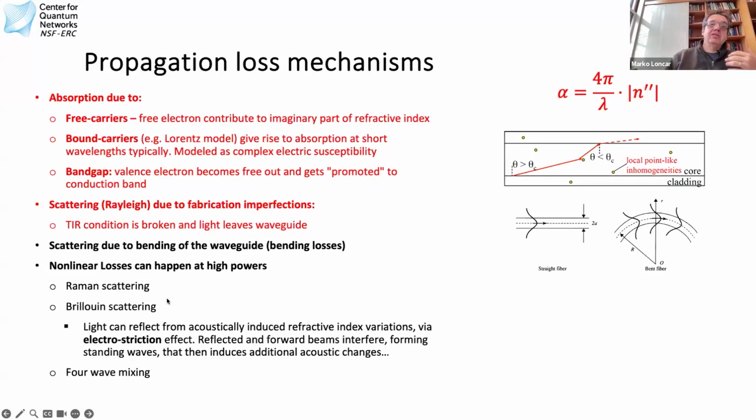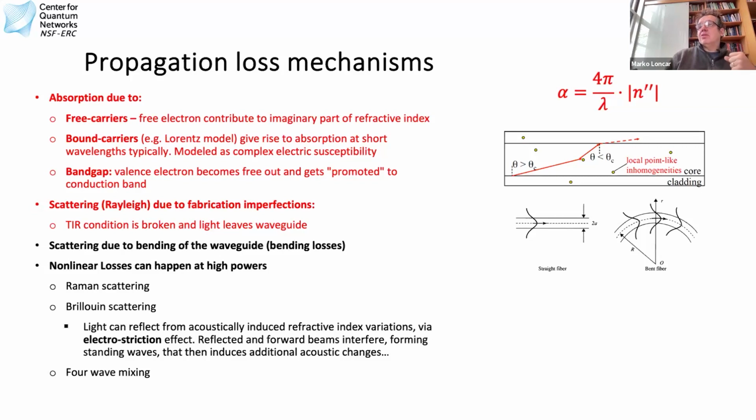And this is actually one of the biggest loss mechanisms in waveguides. And then one thing that I realized I didn't capture here: sometimes you also have defects in the materials. When you make cladding, for example, of silicon dioxide, you treat it as perfect silicon dioxide, perfect glass, but in reality, when you deposit this material in a clean room, it may have all kinds of junk in it.